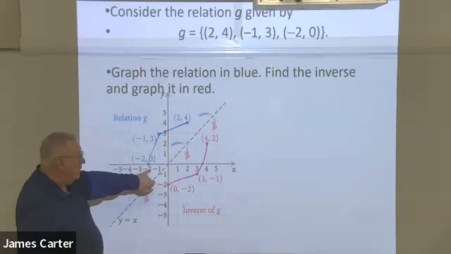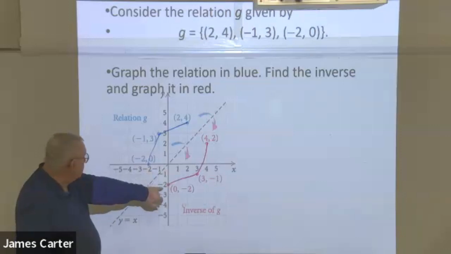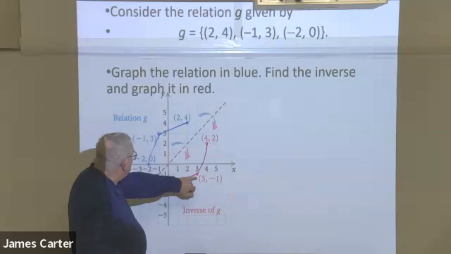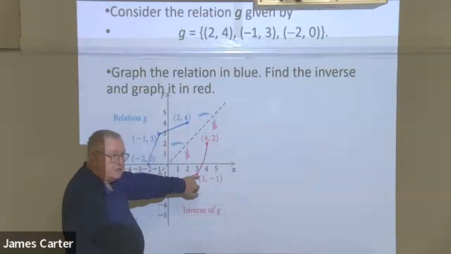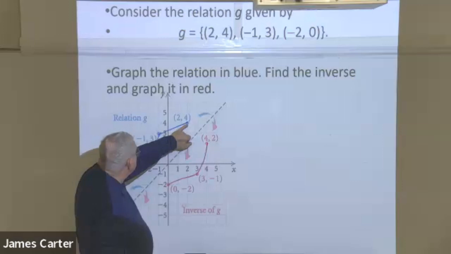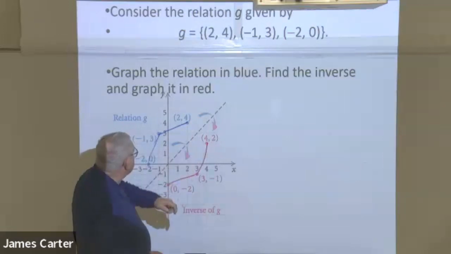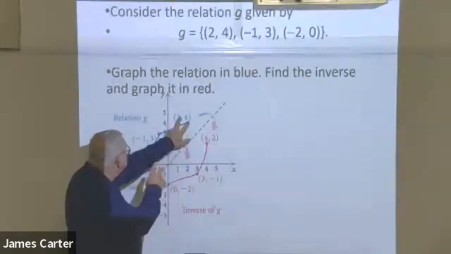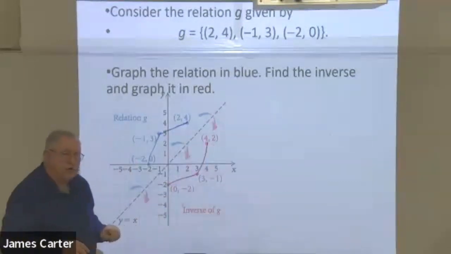What used to be -2 for x is now -2 for y. What used to be +3 for y is +3 for x. What used to be 2 for x is now 4 for x and 2 for y. They just flip the values in all cases.